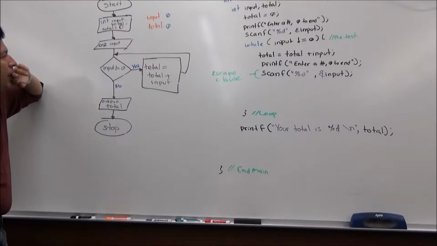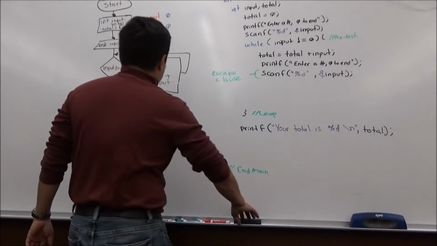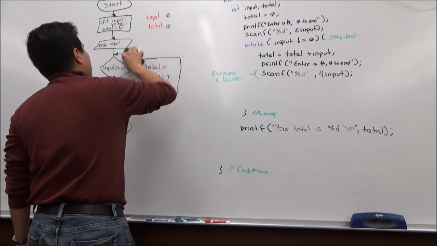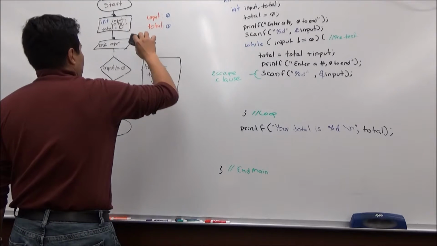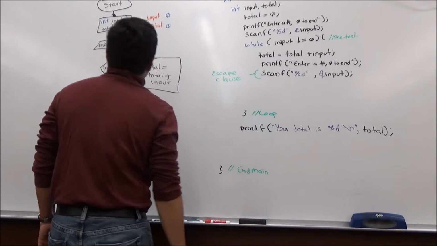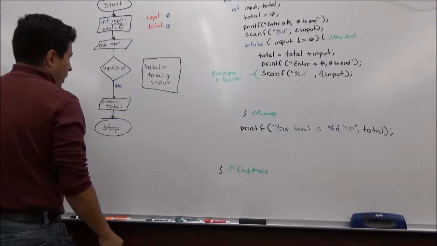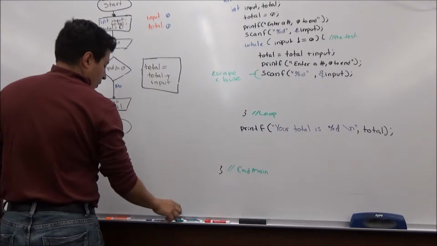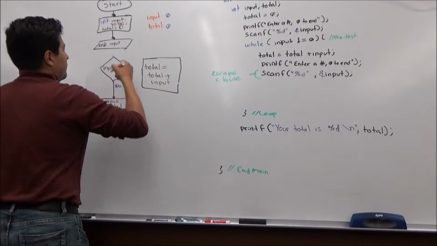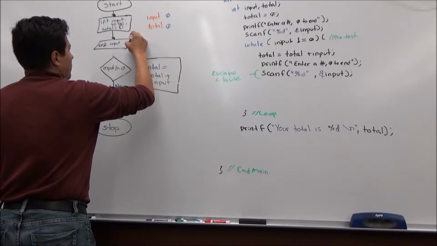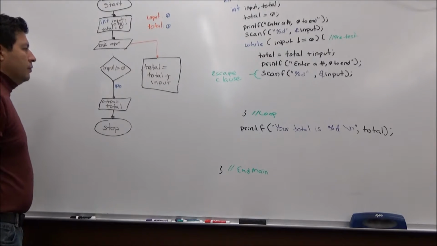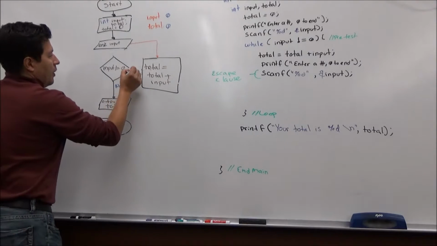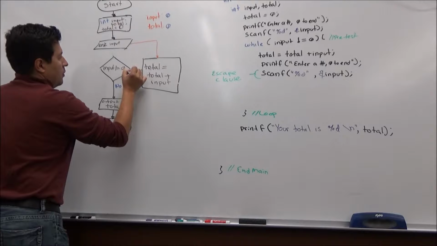So what if, let's erase some of these arrows. So what if I go this way? I go ask for the input, then I add, and then after I add, I ask the question.